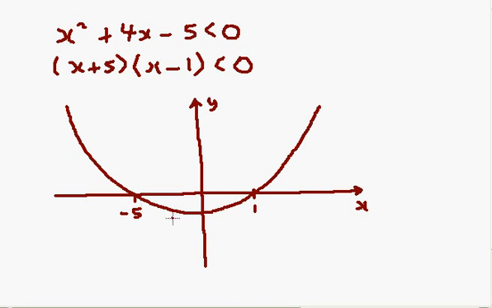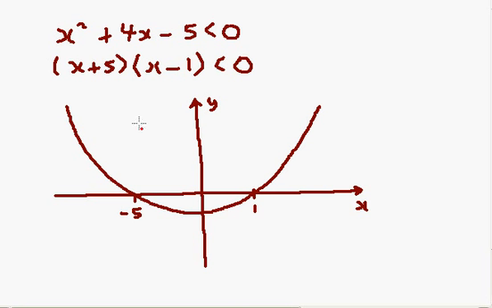So what you need to be thinking now is at what points is my parabola less than 0? In other words, where is my parabola below the line y equals 0?